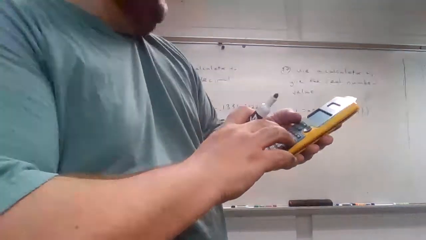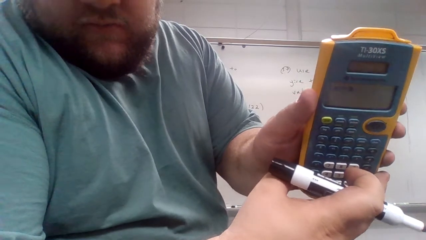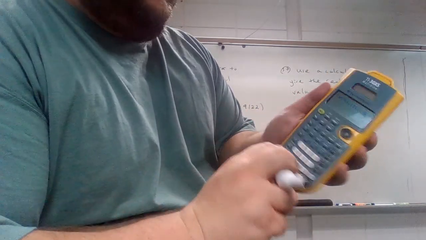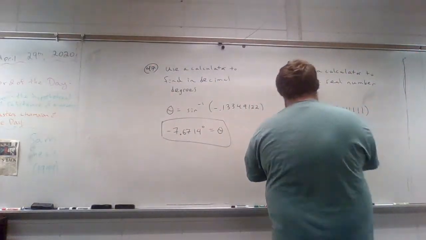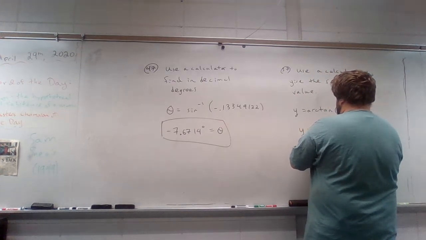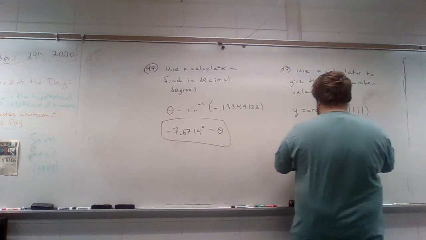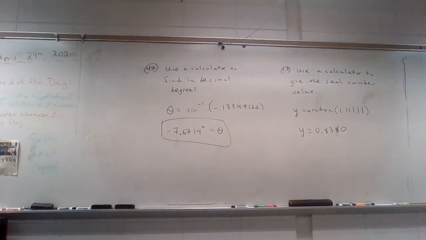Then you punch this in: arctan, tangent inverse, of 1.1111. Enter. To 4 decimal places, you should have 0.837, well, rounding to 4 will give us this. So that's putting it on a calculator.